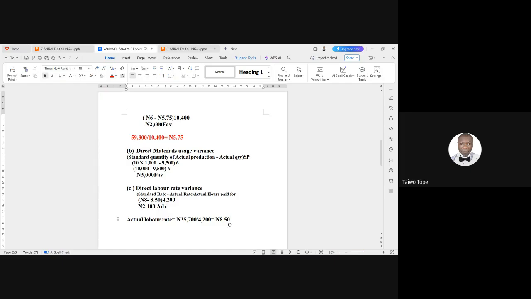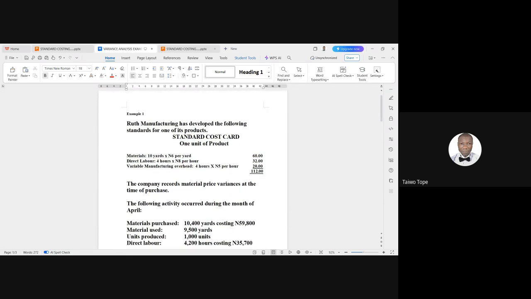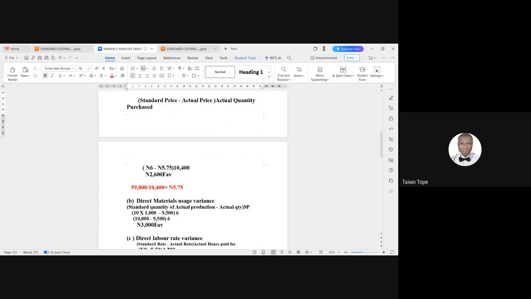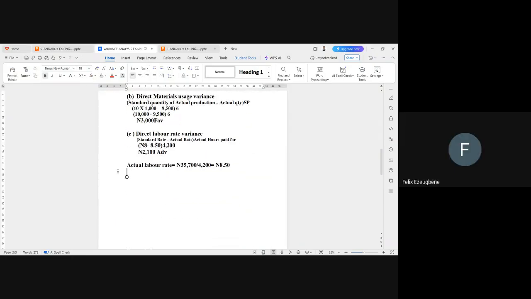So now the D part: calculate the direct labor efficiency variance. The formula is what? Standard labor hours based on actual production minus actual hours worked, multiplied by standard rate.